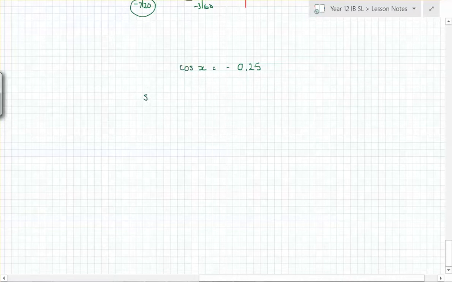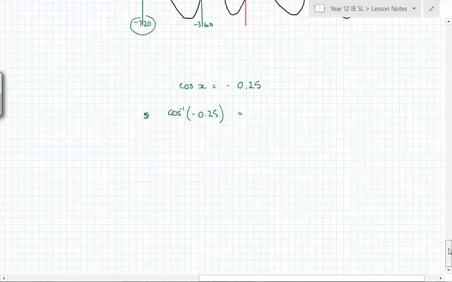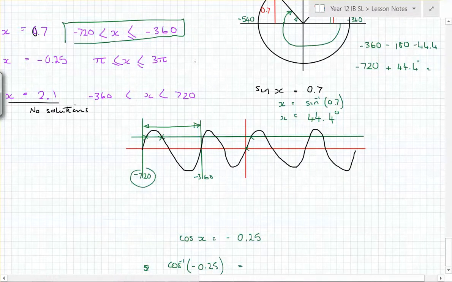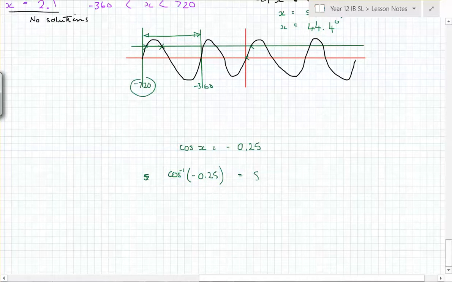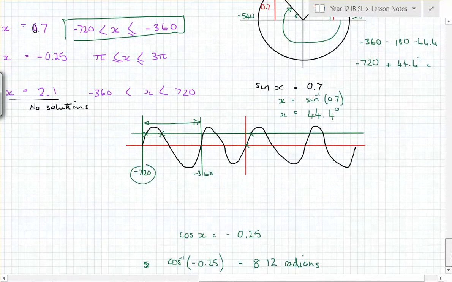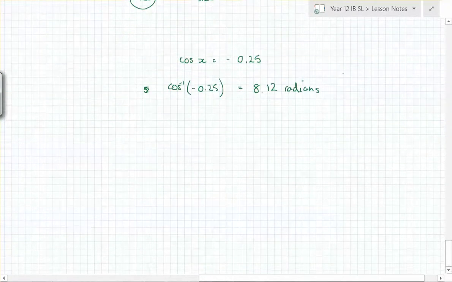So you've done the inverse cos of negative 0.25, which gives you what solution? 8.12 radians, did you? Yeah. Okay. Right. And because we've got to give it pi to 3 pi.